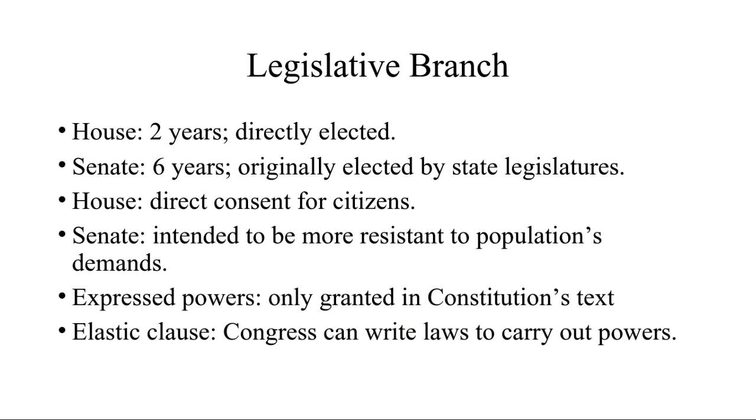The House of Representatives is 2-year terms, so every member only gets 2 years, and they are and always have been directly elected, which means, hypothetically, this year, if we wanted, we could vote out every single member of the House of Representatives and elect a whole new body. Is that likely? No. Is it possible? Yeah. So every 2 years, the entire House of Representatives is up for re-election.